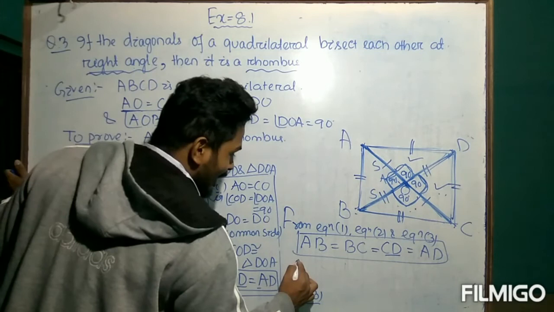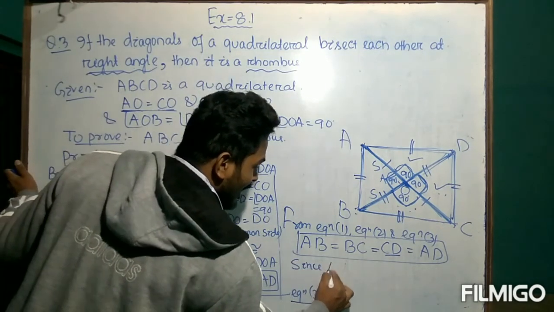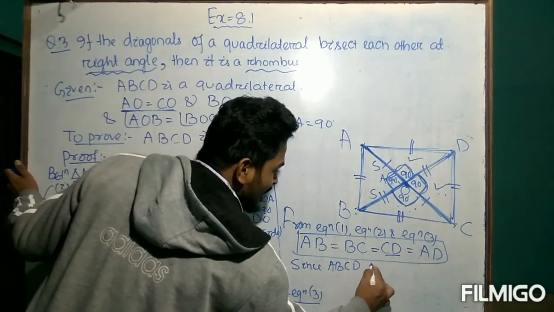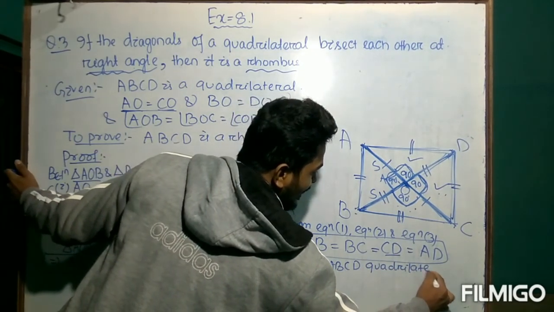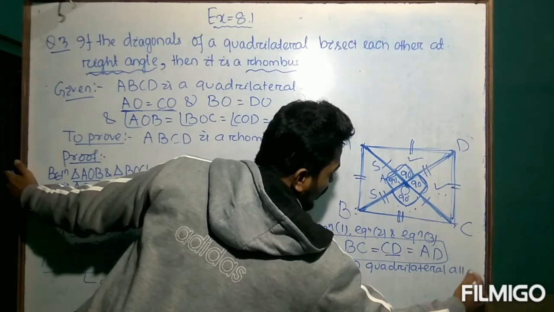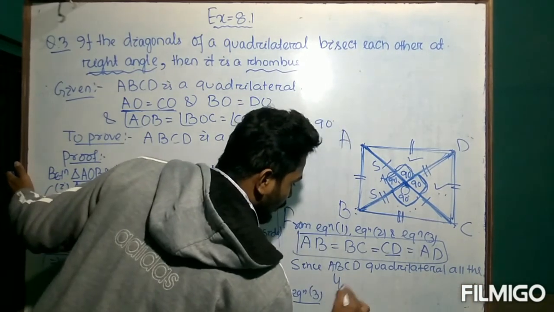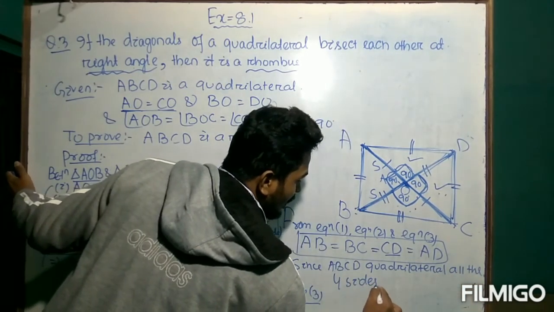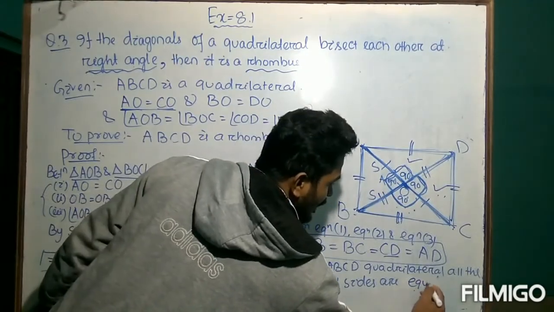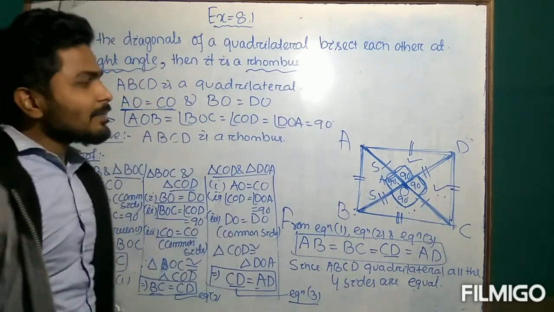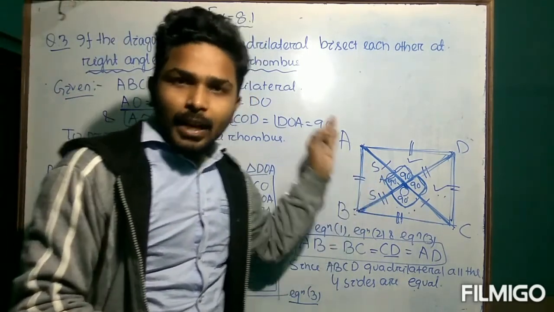So we can write, since in quadrilateral ABCD all four sides are equal, hence it satisfies all the conditions of a rhombus.